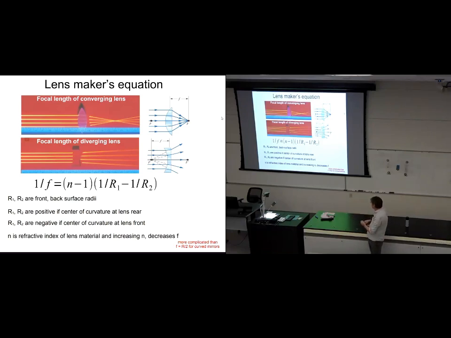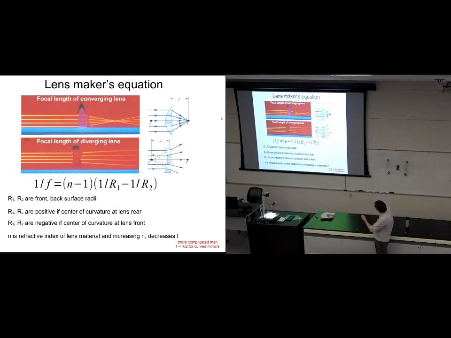But just to state it, if the radius of curvature of R1 or R2 is on the rear side of the lens, that's where the light is going, that's a positive radius of curvature. If the radius of curvature of R1 or R2 is on the front side of the lens, then that's a negative radius of curvature. So that's the sign convention.